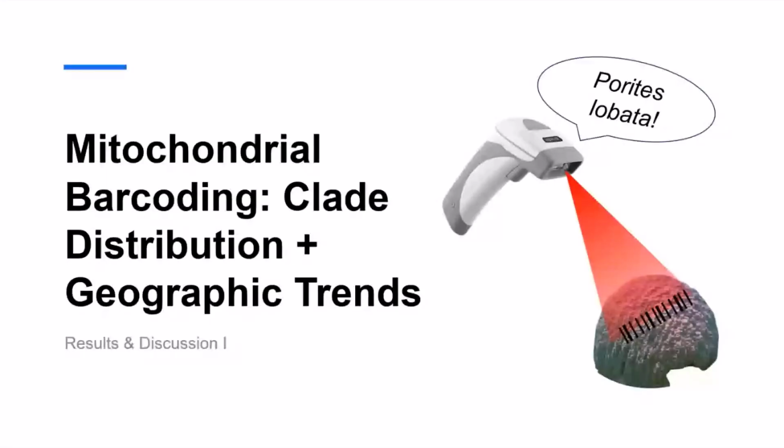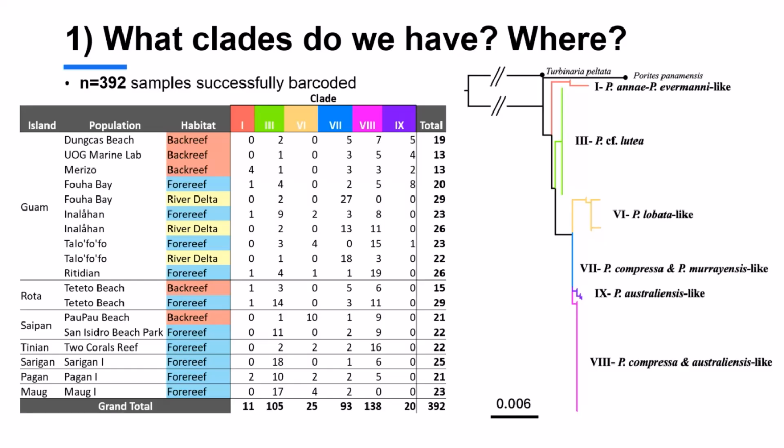And here are the results of that mitochondrial barcoding. So first, here's an unabridged table of the breakdown of the clade distribution by island, population, and habitat type. As you can see, we have a distribution that is according to that phylogeny on the right-hand side of the screen. And there is a bit of polytomy that's occurring between clades 7, 8, and 9.